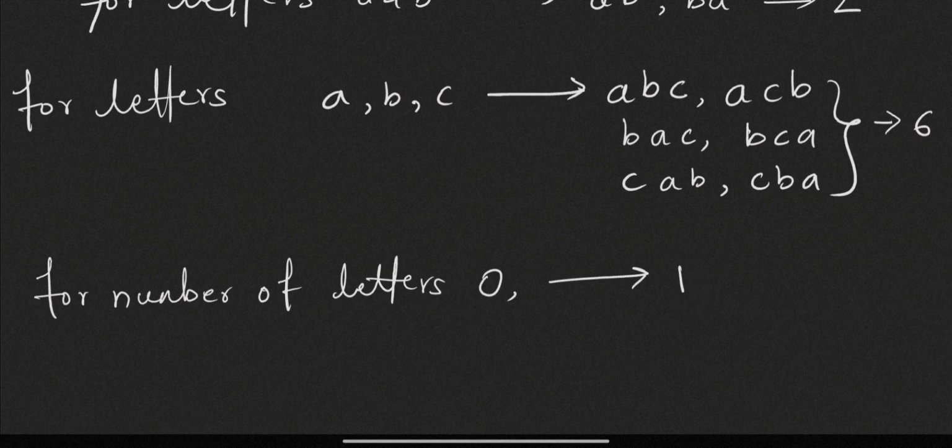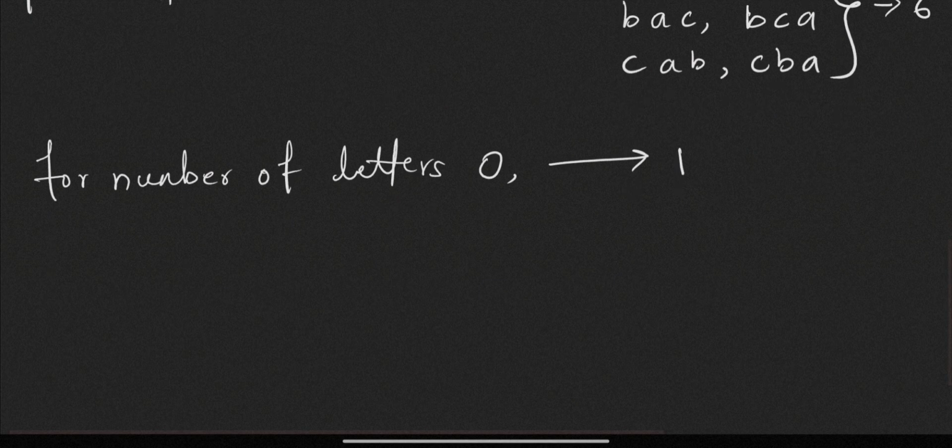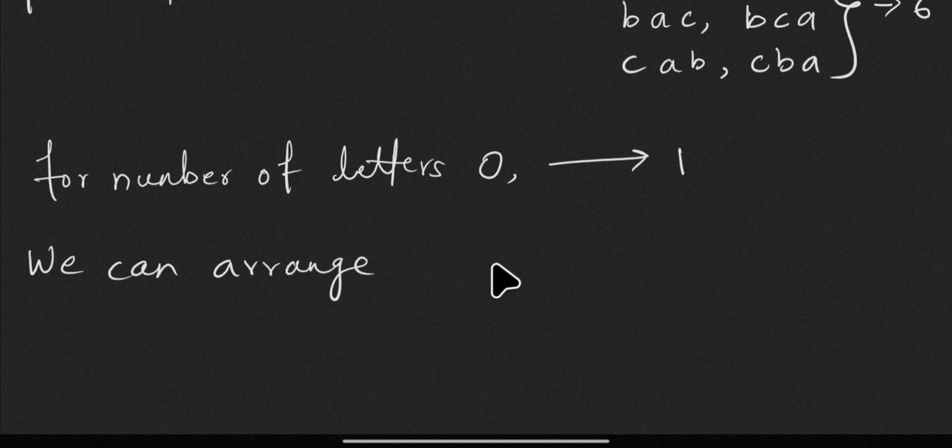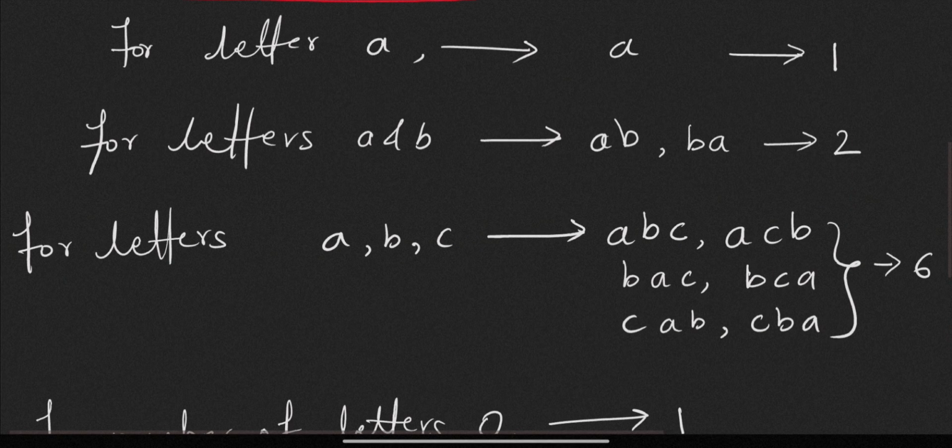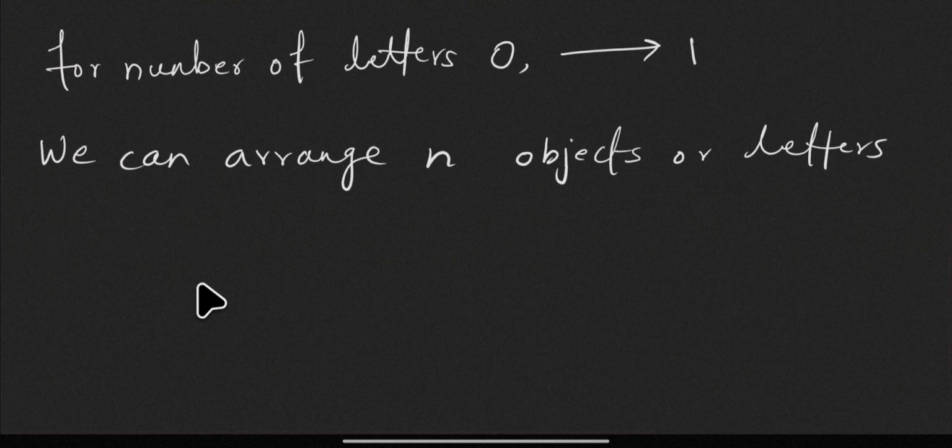So here the formula: we can arrange n objects or letters. Let's try to make the formula from the observation.